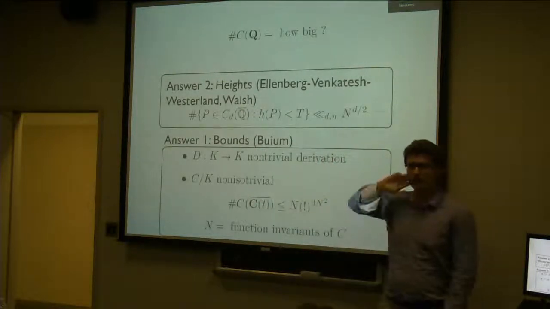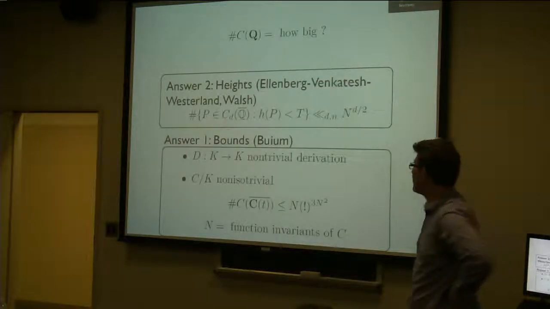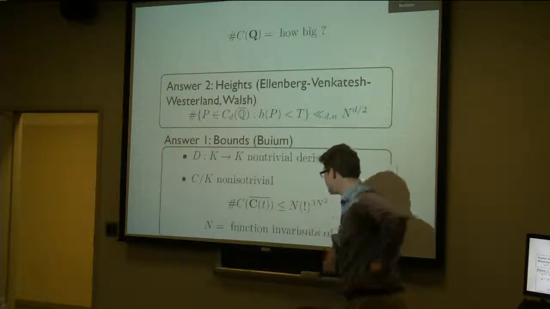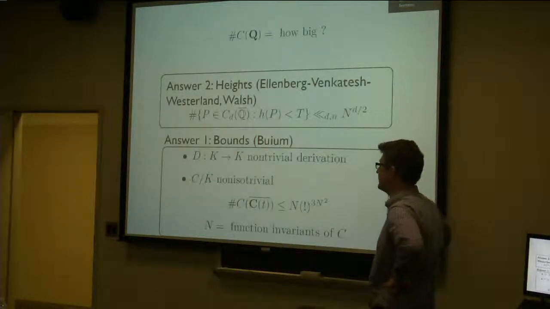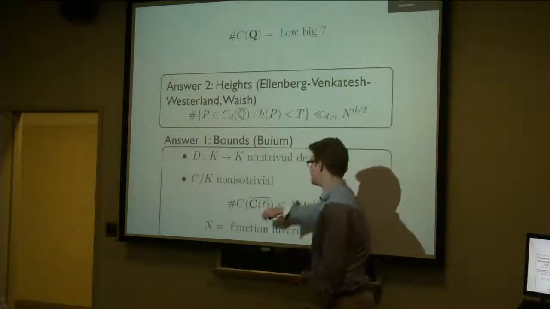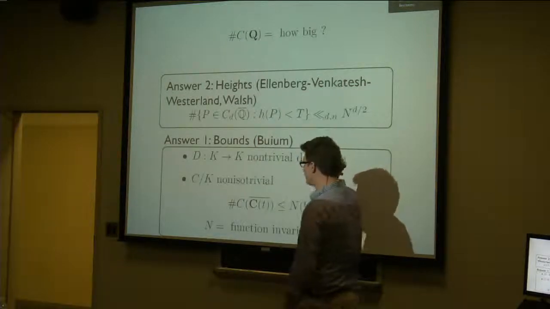Do you mean just C of T, not the algebraic closure? So yeah, I guess C of T. There are an infinite number of rational points over the algebraic closure. C of T, yes, sorry, that's exactly it. Sorry, this is supposed to be intersected with gamma, and gamma is supposed to be the, oh man, that's really bad.